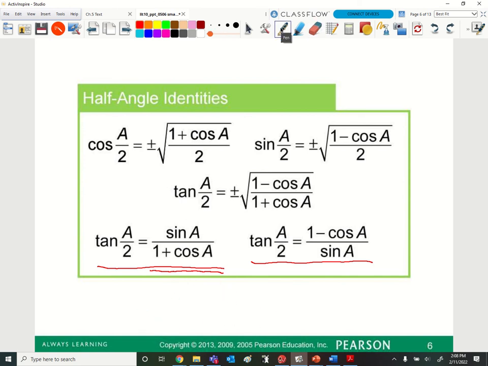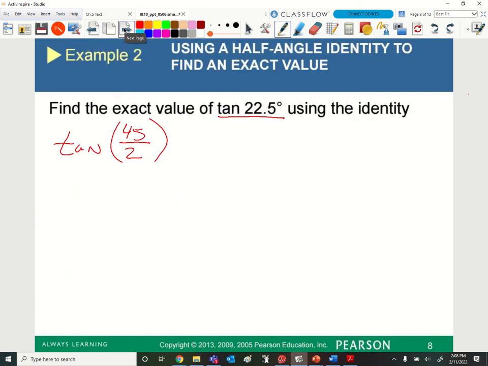So now let's go back to my tangent that I'm using. It's 45 over 2. Now that my finger is moving from 30 over to 45, this is 1, was it minus or plus? Minus cosine of 45 over sine of 45, right? Now I have my sine and cosine to plug in.